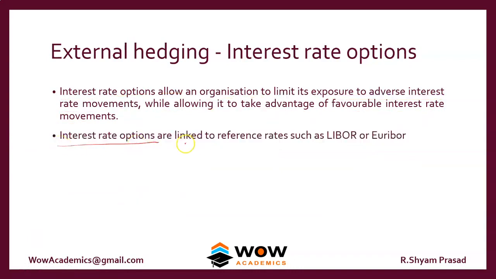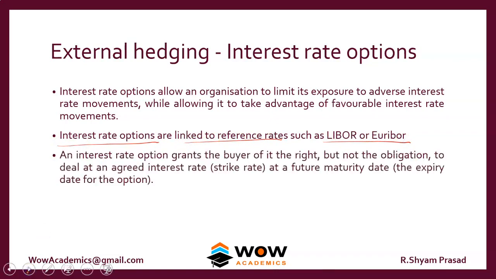Interest rate options are linked to reference rates such as LIBOR or EURIBOR. An interest rate option grants the buyer the right but not the obligation to deal at an agreed interest rate. So it gives you an option.